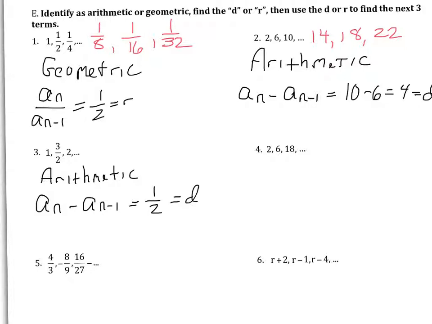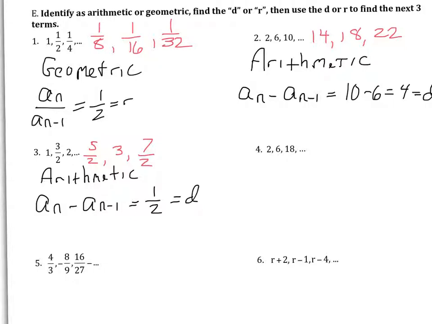So just add a half every time. The common denominators are always nice. It looks like everything is in improper fractions. So I got 2/2, 3/2, 4/2. Next one's going to be 5/2, 6/2, which is 3, and then 7/2.